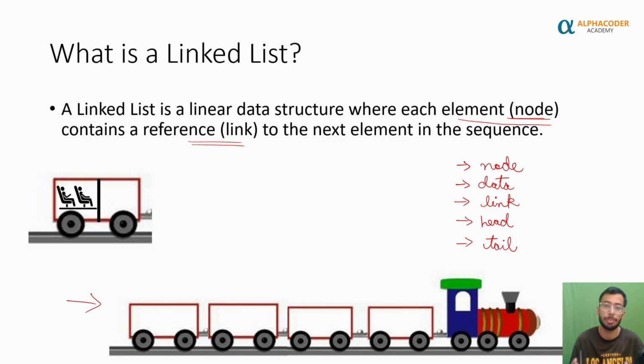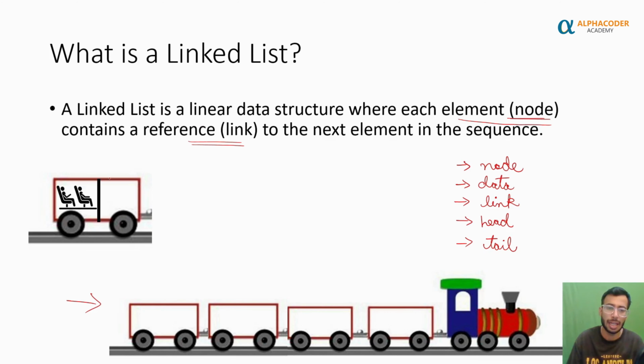So in order to store data that has some reference towards other parts of the data, we use a linked list. Now what do I mean by reference, and how exactly do we store data in a linked list? That is what we will explore in this video.